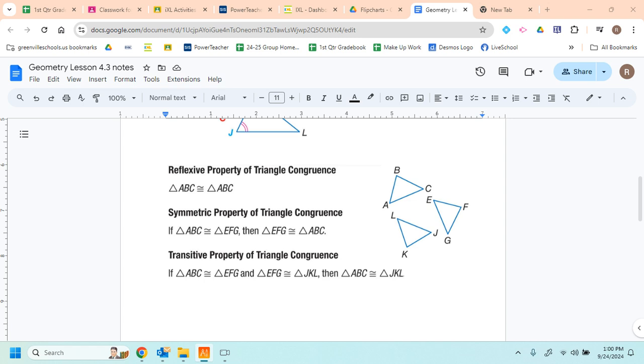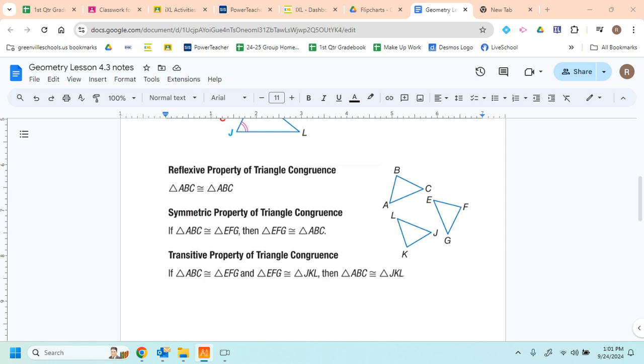So that's the angles. If we're talking about the sides, let me erase this. Okay, so we're talking about congruent sides. Side AB is congruent to, that's 1, JK.